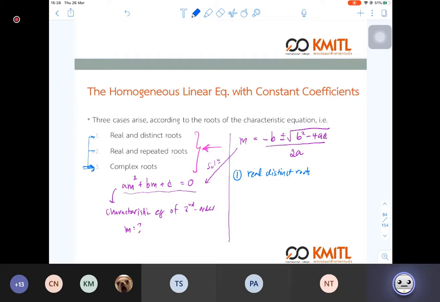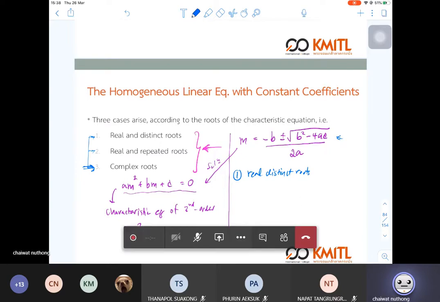What can make these equations have complex roots? Which part of the equation makes it a complex root? Or when can it be a complex number? In which condition do you have the complex number?